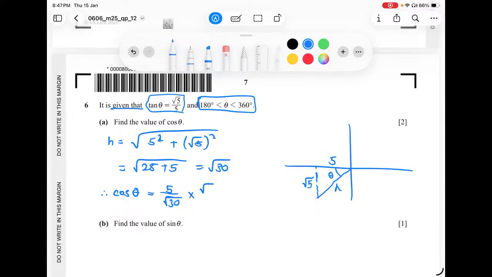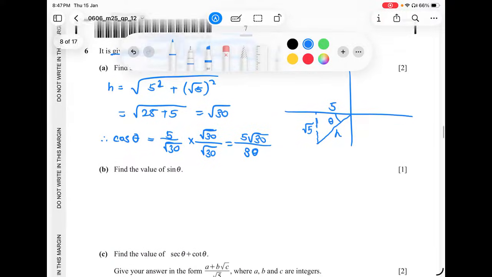Rationalizing basically means you move the root from the denominator to the numerator. When you multiply both the numerator and denominator by root 30, you get 5 root 30, and root 30 times root 30 will be 30. So this is your answer for this question.